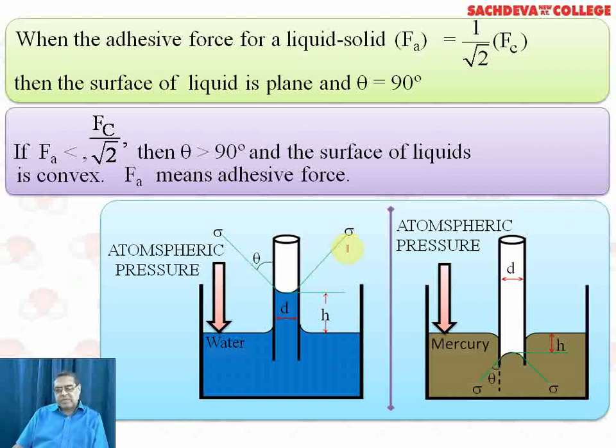Surface tension is force per unit length. The atmospheric pressure acting, hdg, is the same for water as well as mercury, but the rise will be more in water and less in mercury, and the meniscus in case of mercury will be convex, and in case of water it will be concave.